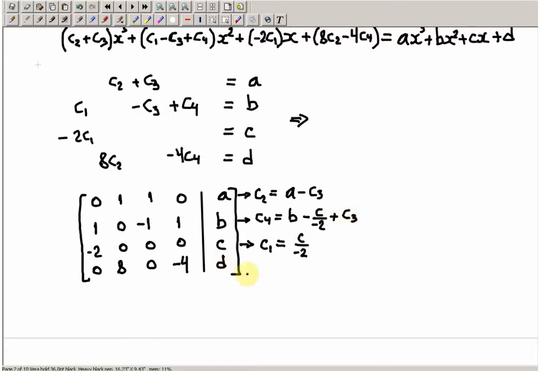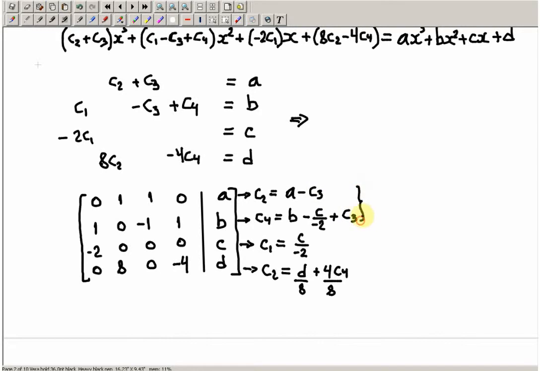And then the last row gives us C2 equals D plus 4C4, divided by 8. Okay, we still need to find C3 here, right? So we can combine perhaps these two here.